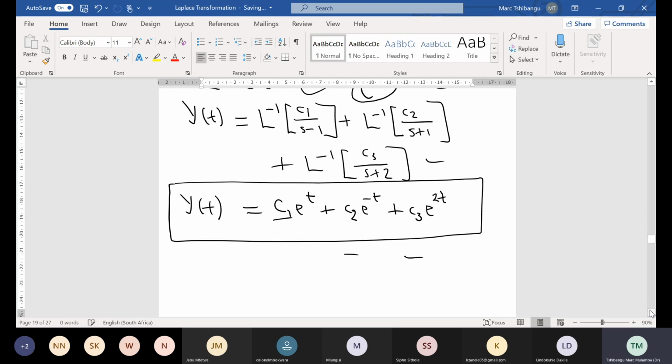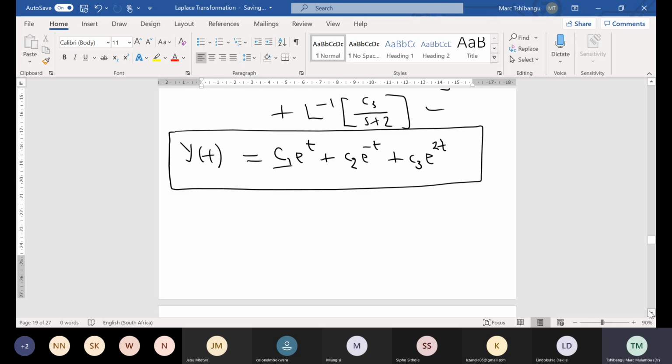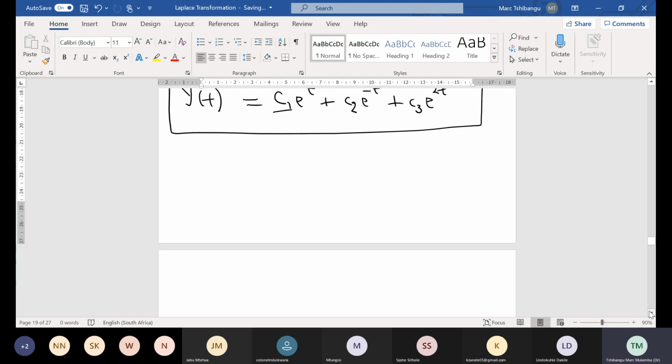I'm going slowly the first part, because it's very important that you understand. But as we proceed, I will speed up a little bit. How do we find the constants? Compute C1. We start with C1. How do you find C1?